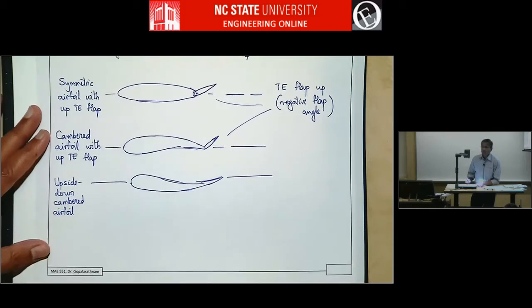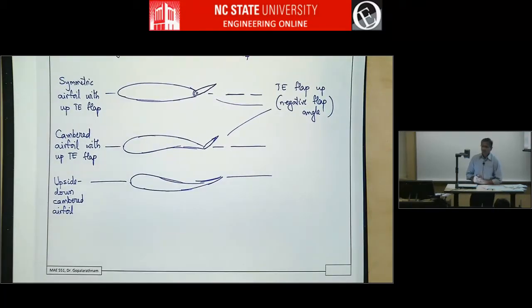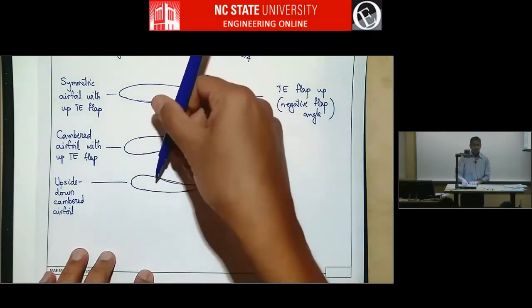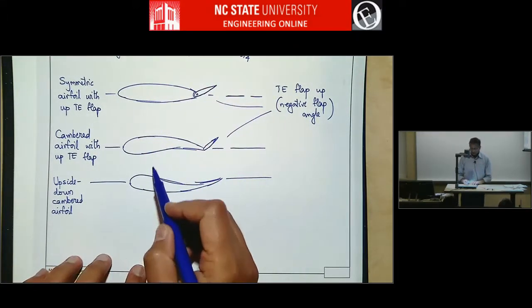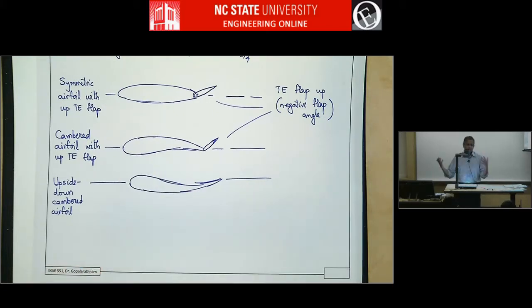Why don't we do this? I mean, why don't flying wing airplanes have upside down cambered airfoil? It's going to be pretty inefficient. It's really designed for generating lift like this, right? That's what now you're putting it upside down and asking it to generate like this. It'll do it, but it's inefficient, and you're going to see that in homework 2, I think.